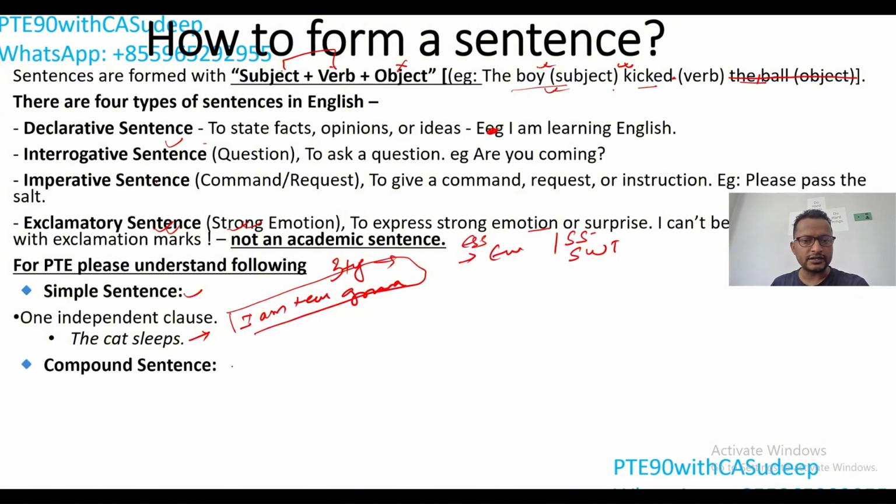What is a compound sentence? If you connect 2 simple sentences with the FANBOYS, or coordinating conjunctions, then that is called a compound sentence. For example, I am teaching grammar and I am listening to music. If you connect these 2 sentences with FANBOYS, this becomes a compound sentence.